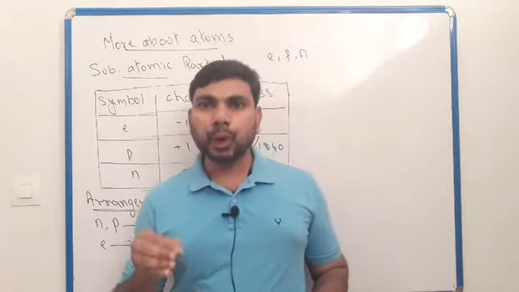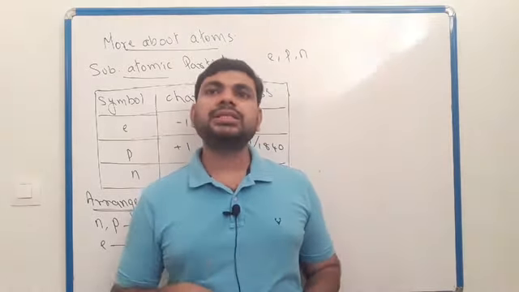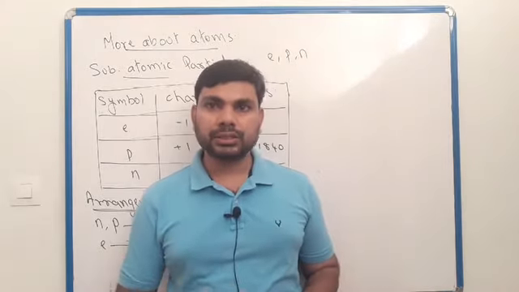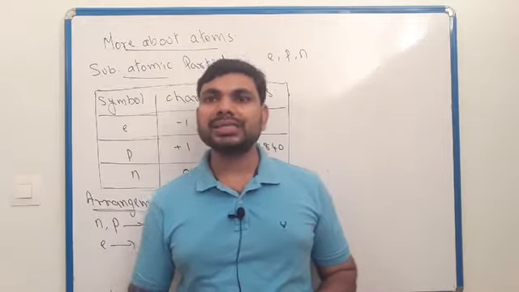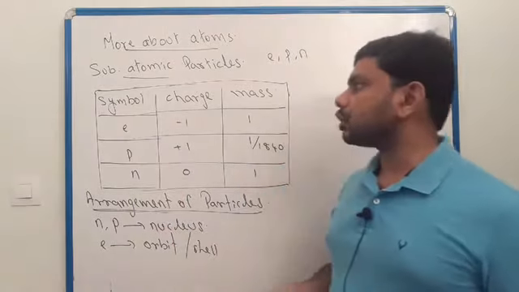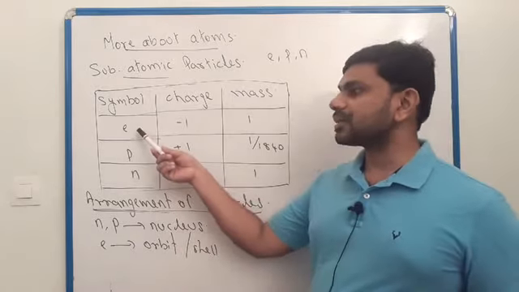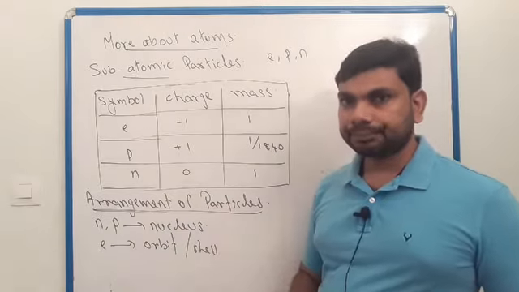These particles inside the atom are called subatomic particles. So let us see subatomic particles. Electron is represented by E, proton P, neutron N.